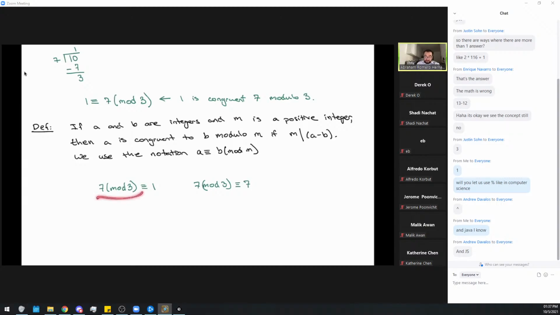So notice these are the same things, but they're congruent to two different things. Why? Because I can do 7 minus 7, and that is divisible by 3, right? What's 7 minus 7? 0. Can 3 divide 0? Yes or no?